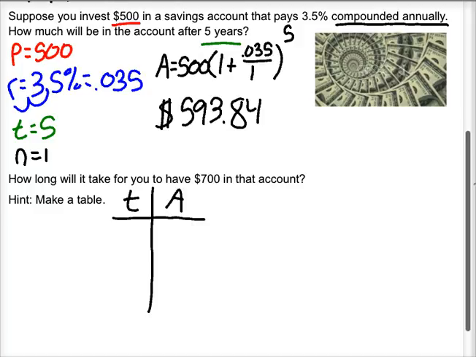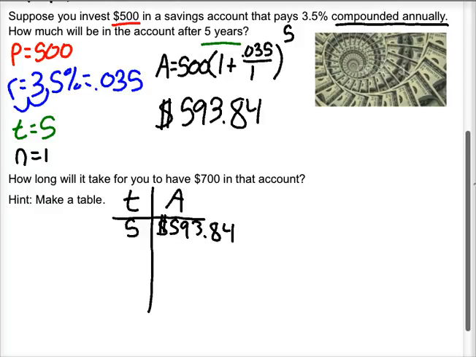Now what I want you to see is when my t was 5, when I was 5 years down the road, that was $593.84. So if I want $700, clearly I'm going to have to try higher values. So let's try some higher values, shall we?